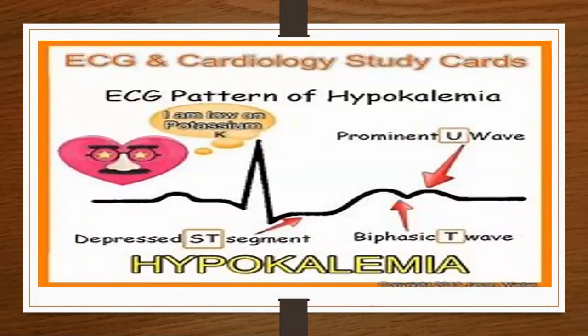So the flip side of hyperkalemia is hypokalemia, in which your potassium level is low. With hypokalemia, you're going to see a depressed ST segment, and the significance is that you're going to have that prominent U wave.